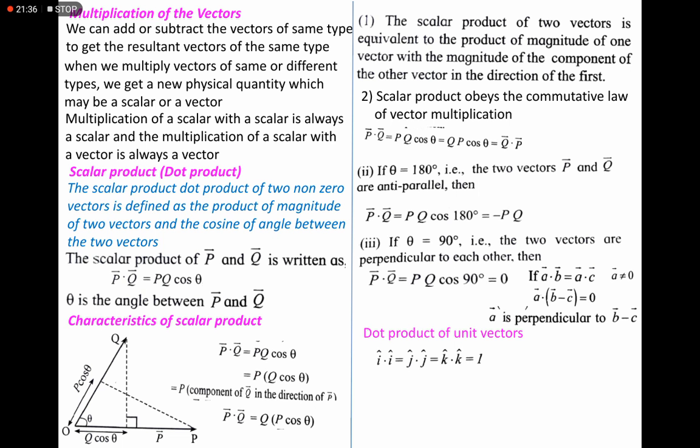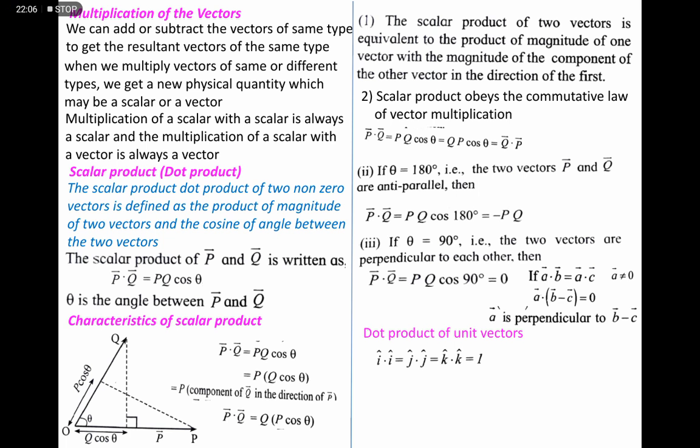And i bar dot i bar means vectors are along the same axis. They are parallel, the direction is the same, and the angle between them is 0. They are collinear vectors. And if the angle theta is 0, cos 0 is 1. Unit vectors' magnitude is 1. Therefore the product, we will write, i bar dot i bar is equal to 1.